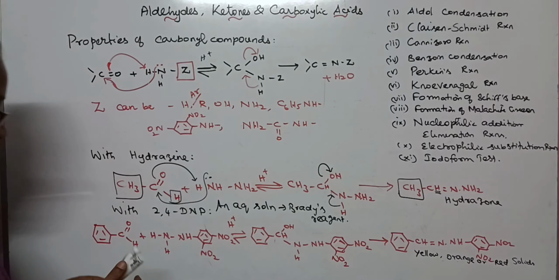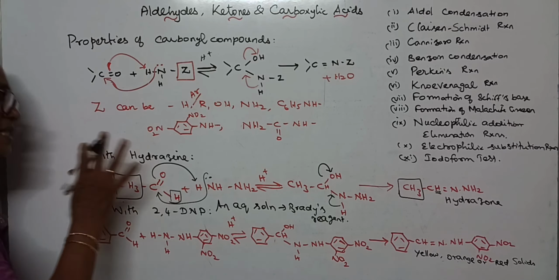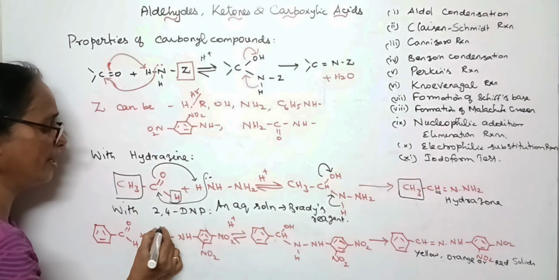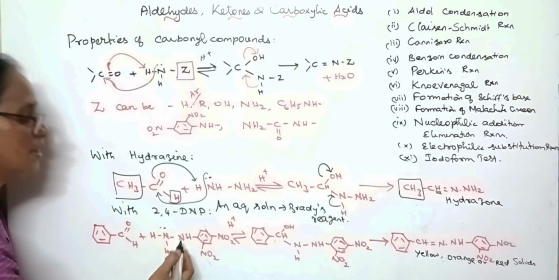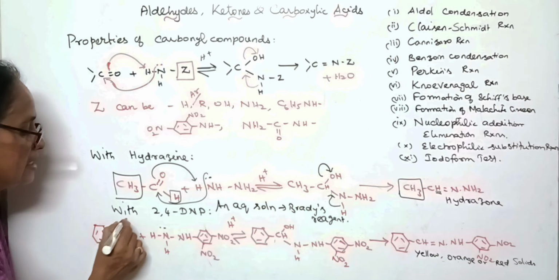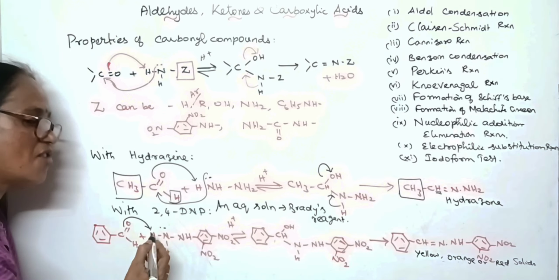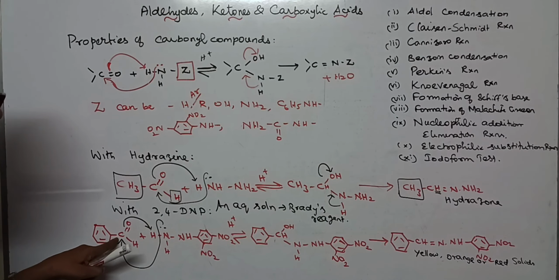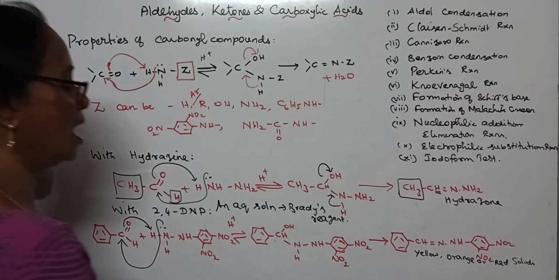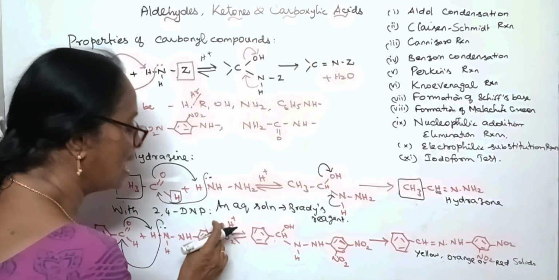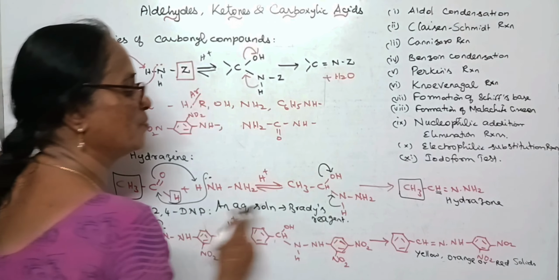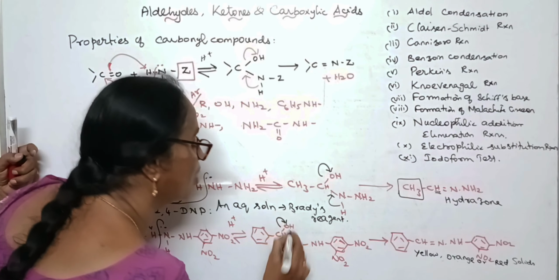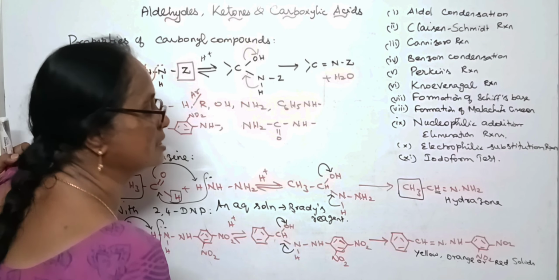Let us discuss how the reaction proceeds. Just like with hydrazine, we can proceed the reaction with DNP also. See this carbonyl oxygen with the hydrogen of the NH2 group, and the lone pair of electrons on nitrogen towards the electrophilic carbon, and hence we are getting the product. It is catalyzed by an acid, with removal of a water molecule from the NH group and CHOH group.